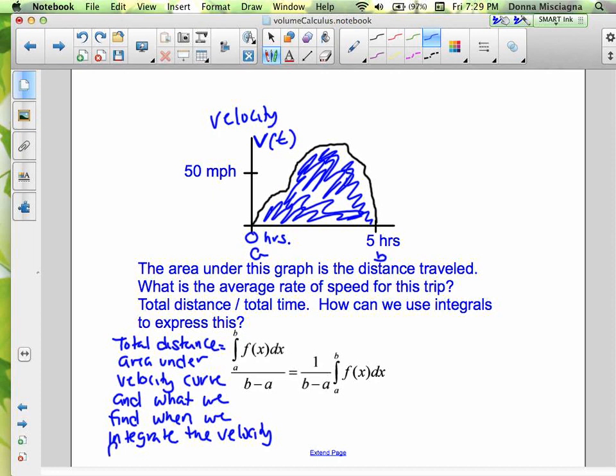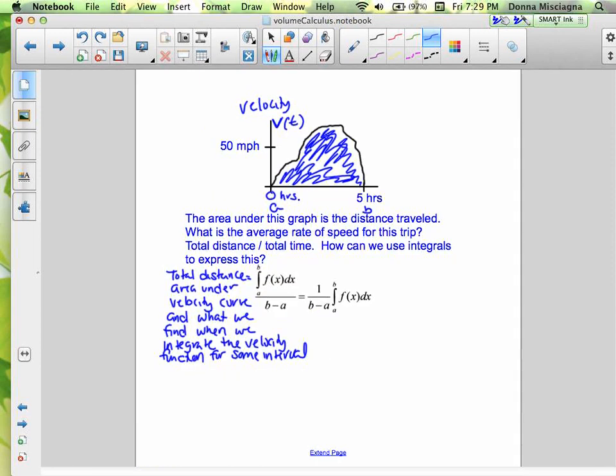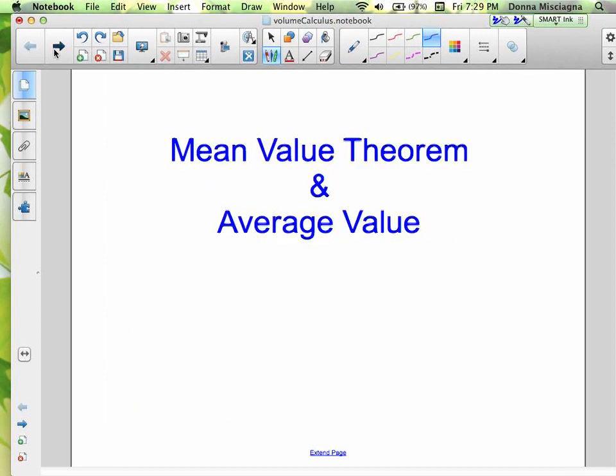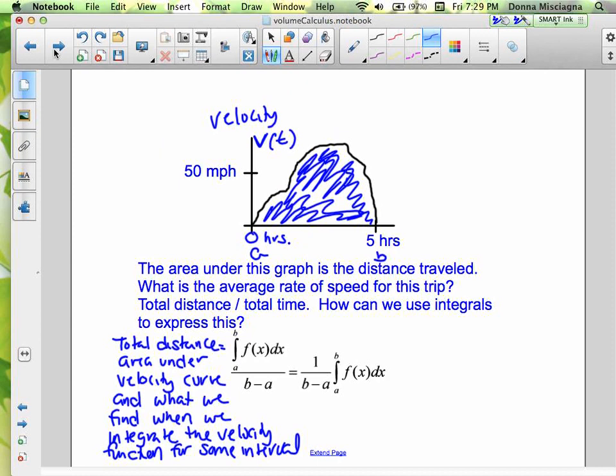Uh-oh, I'm running out of space. Oop. I did not mean to hit extend a page because it makes everything really small, and I still had enough room. There we go. All right, so total distance, the area under the velocity curve, is what we find when we integrate the velocity function for some interval. Exactly this, right?